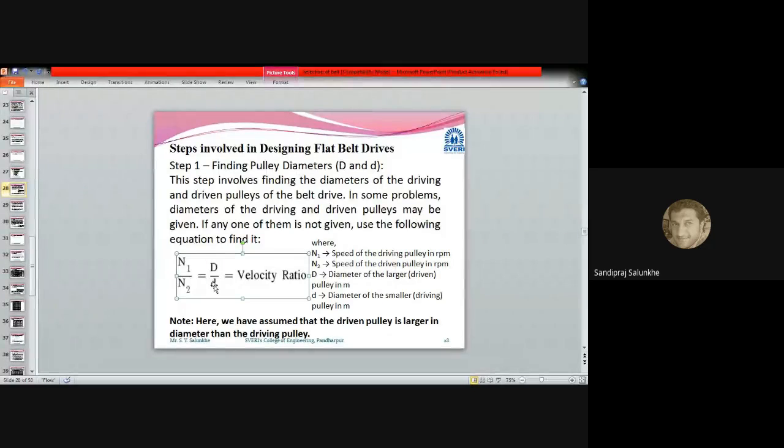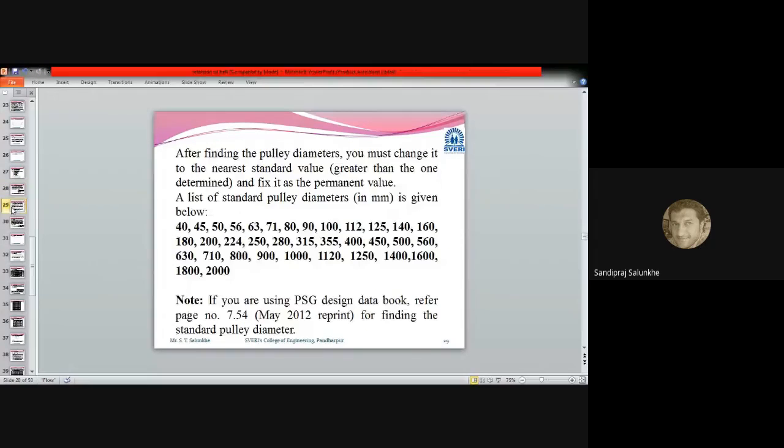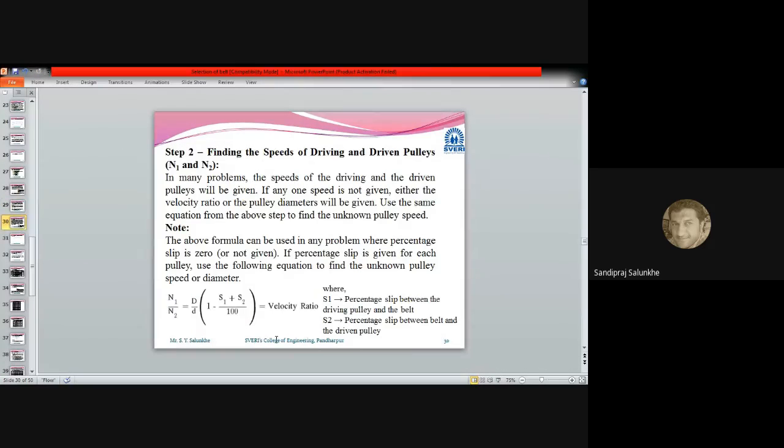And after calculating the diameter of driven and driver pulley, we select it from the standard values. Once you select it from the standard values, if they have mentioned the percentage slip, then consider taking directly the ratio of driven pulley to driver pulley, that is capital D divided by small d.